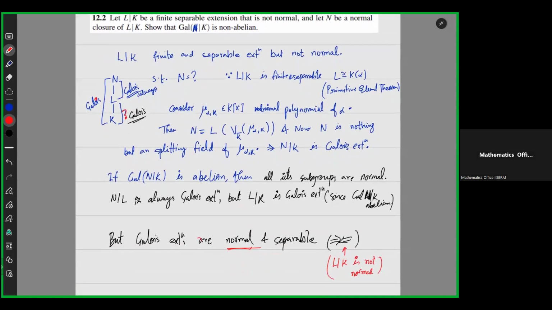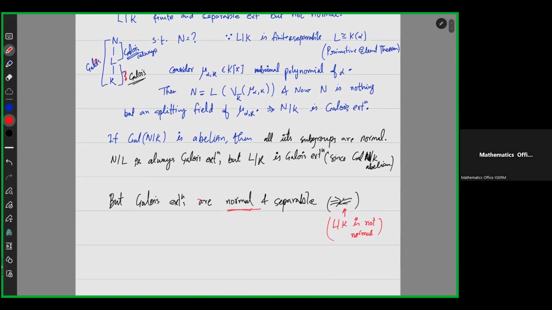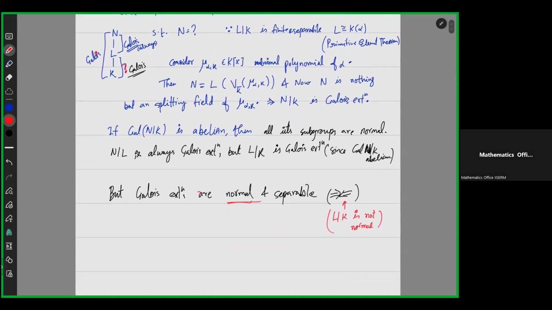In the Galois correspondence, it follows that normal subgroups correspond to Galois extensions.